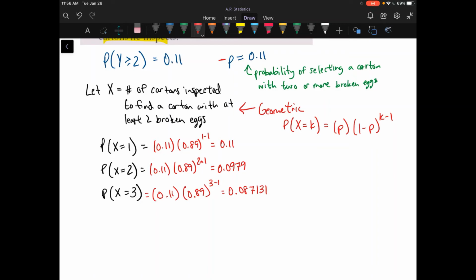the sum of these, right? All of these added up is the probability of X being less than or equal to 3, right? The first 3 boxes.